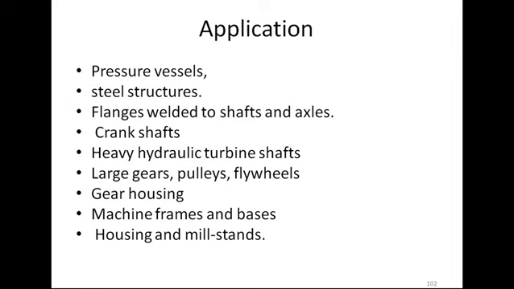Then large gears, pulleys and flywheels. Then gear housing, machine frames and bases, and housing and mill stands. Here also we are doing the welding process. These are the few applications I have noted here.